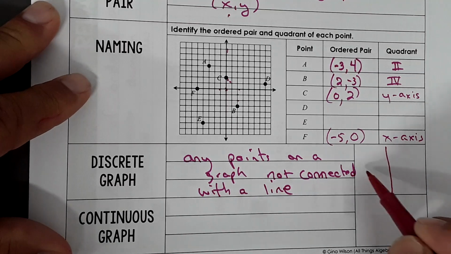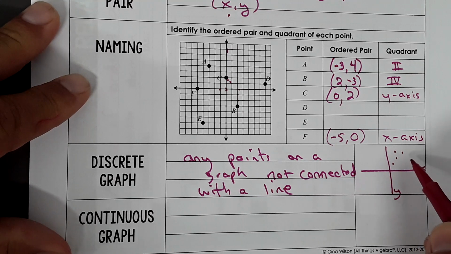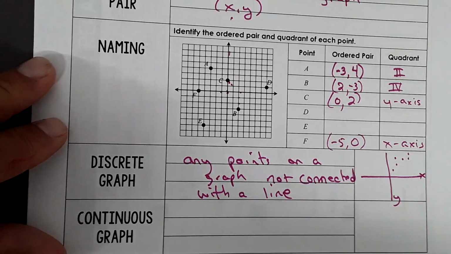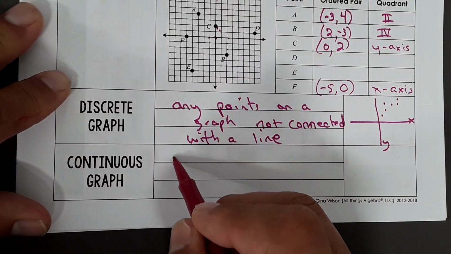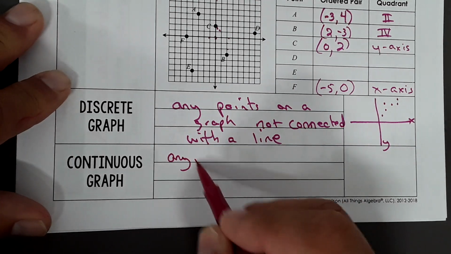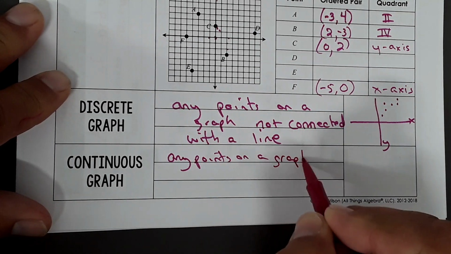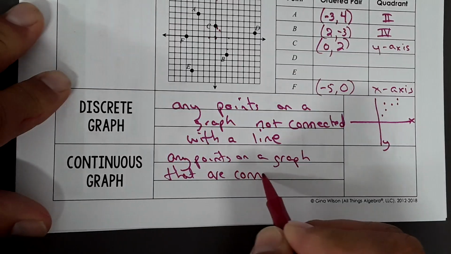Okay, so something like this. That would be discrete. It's not connected with a line. A continuous graph is any points on a graph that are connected with a line.